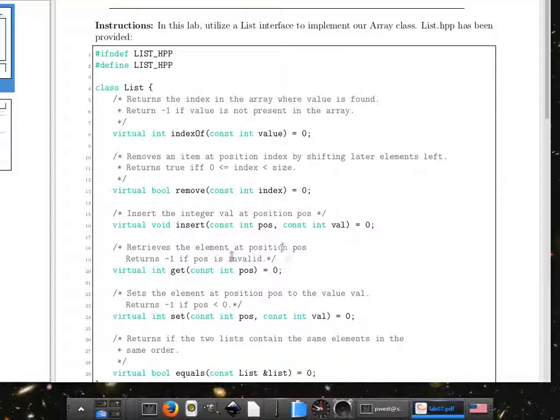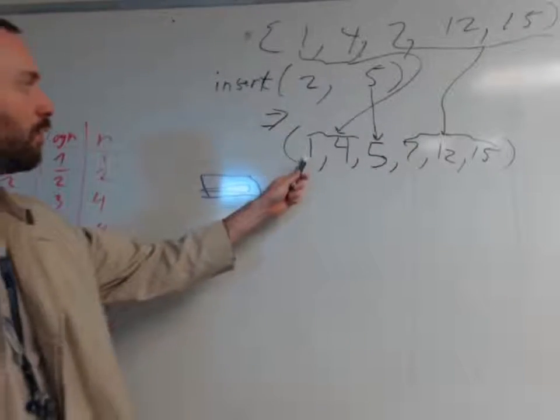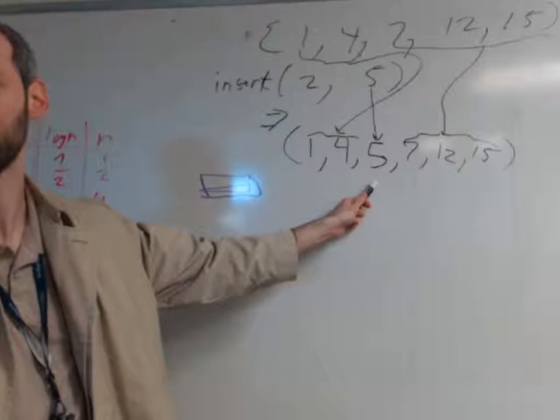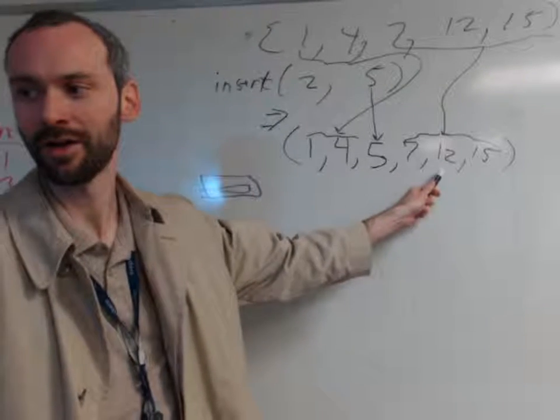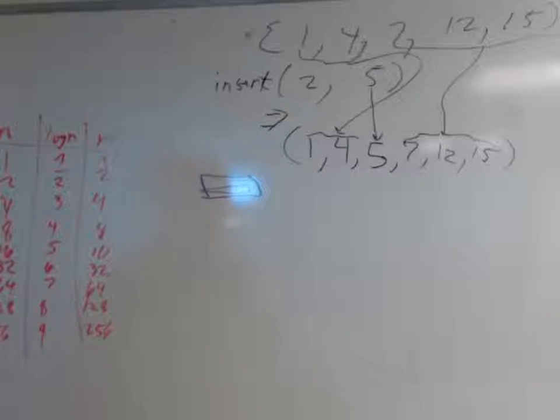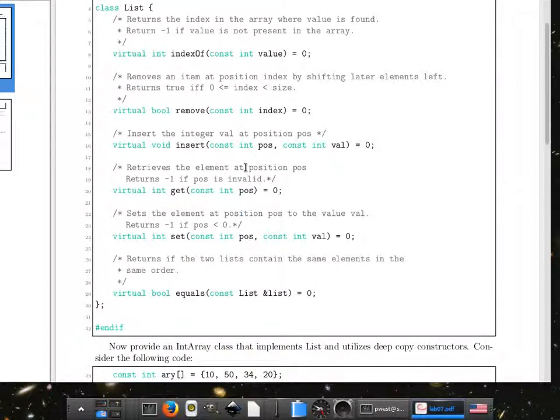All right, next is get, which retrieves the element at a position. So if I do get of 0, that would be 1. Get of 1, 4. Get of 2, the 5. Get of 3, 7. Okay? Hopefully not too complicated. It's just accessing an array. Set actually sets the position.